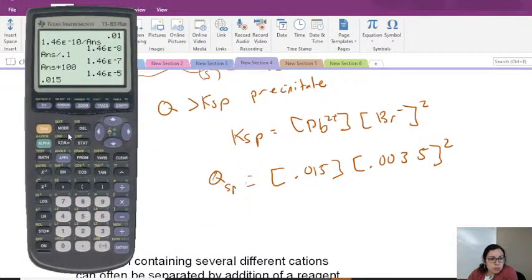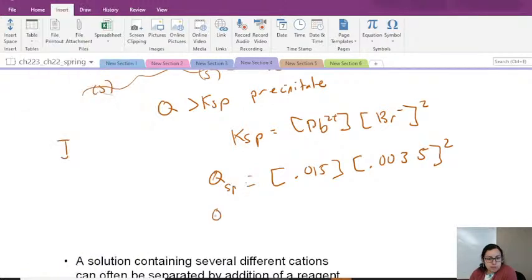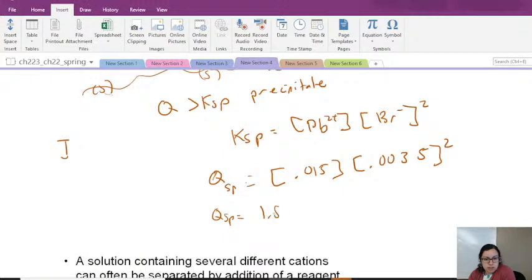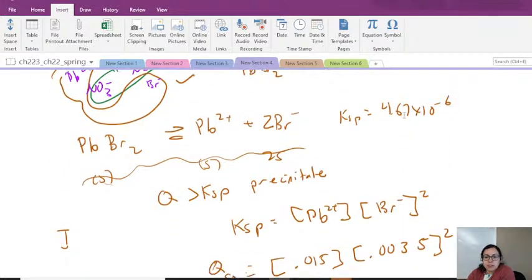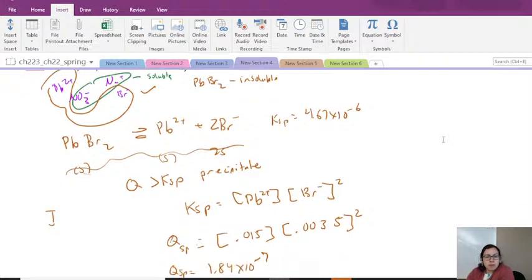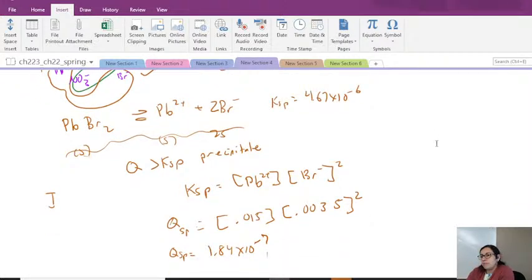So let's plug that in. 0.015 times 0.0035 squared. And so I get a Q, our snapshot, of 1.84 times 10 to the negative 7. And so now let's compare this number to, well, we set the KSP as 4.67 times 10 to the negative 6. And so does that mean a precipitate will form in this newly mixed solution?